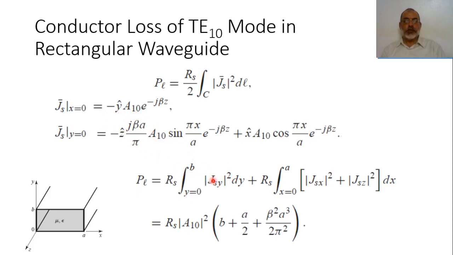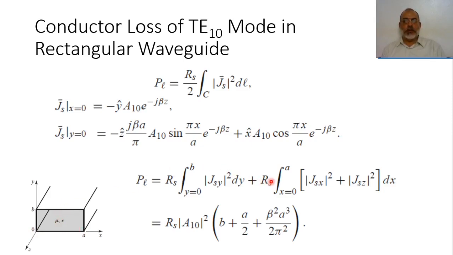This is J surface y squared, which is the amplitude A10 squared, dy. So this is simply R surface b multiplied by A10 squared, plus the power losses in the lower bottom, multiplied by 2 because this is similar to the upper bottom.